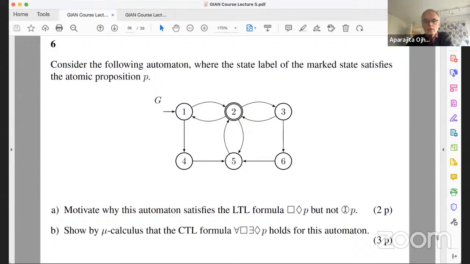On the other hand, not next P. Why is this not true? In that case, you could say that if you are, for instance, in this state 2, and the next, it's not valid in all the states you are.